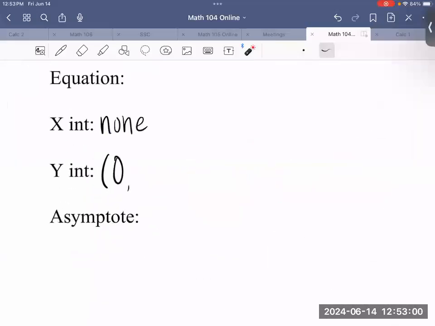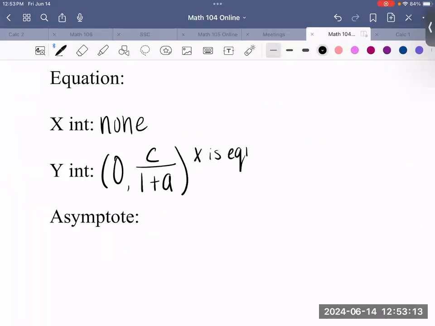So we have 0, c over 1 plus a. This is going to be your true y-intercept. This is any time when x is equal to 0, and we can find it easily that way. Or if you're familiar with your calculator and how you find your y-intercept, that is okay as well. This is just an easy tidbit.